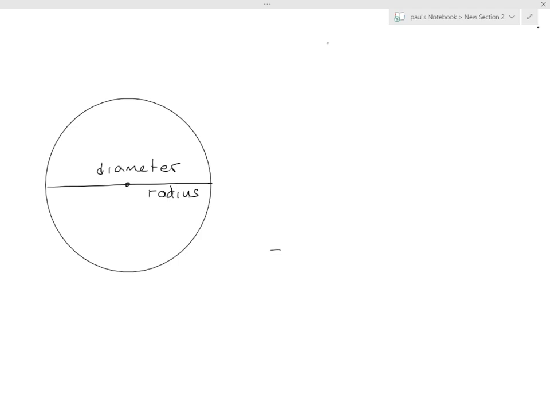You can have a radius that goes to the right and a radius that goes to the left. Therefore, the diameter is twice as big as the radius, or the radius is half as big as the diameter. The bit round the outside is called the circumference. When it's a circle, it's not called the perimeter, it's the circumference.